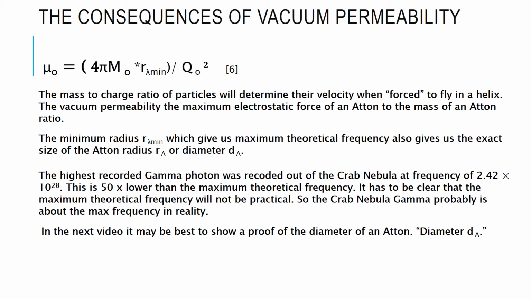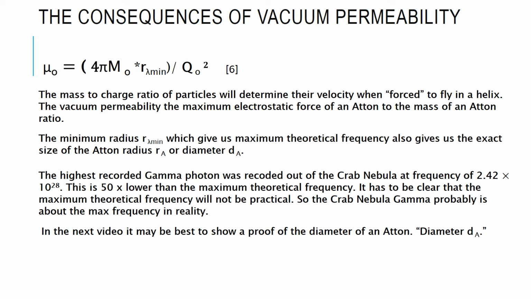So that's the key here, we're looking at the maximum electrostatic force that can be exerted because of the geometric distance. And this, interestingly, also gives us the diameter of the atton, which will be very important for us to determine the structures of the particles.